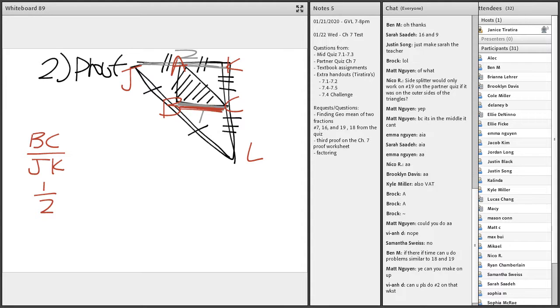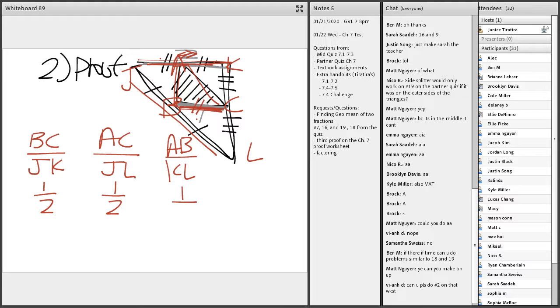Just because I know this has 2 tick marks and this one has 2 tick marks, but there's 2 of them, so it's double. I also know that AC and JL, that's a 1:2 ratio. And lastly, I know AB and KL have a 1:2 ratio.